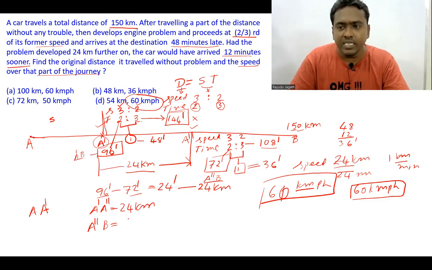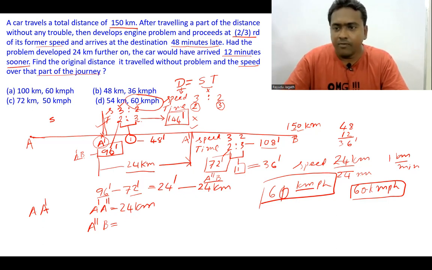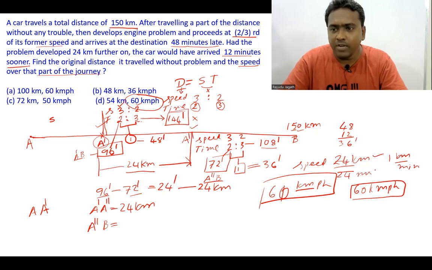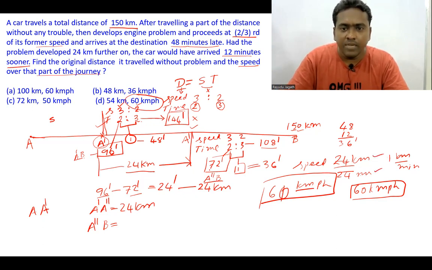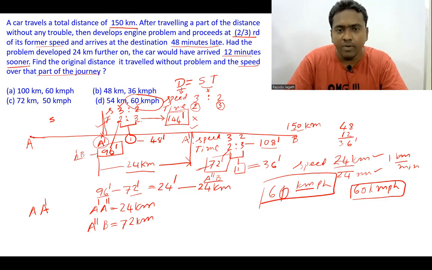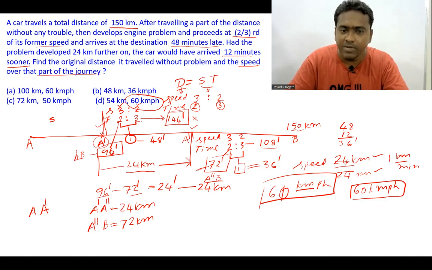From this we can say 24 kilometers are covered in 24 minutes. Therefore, 72 minutes corresponds to the scheduled time. Therefore, 72 kilometers will be the distance A double dash to B. 72 minutes is taken by the car from A double dash to B when it is moving with the scheduled speed. Therefore, A double dash to B is 72 kilometers.